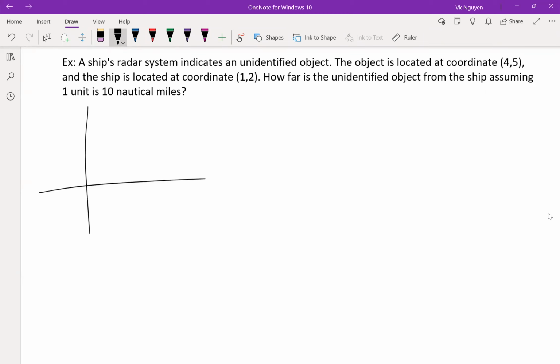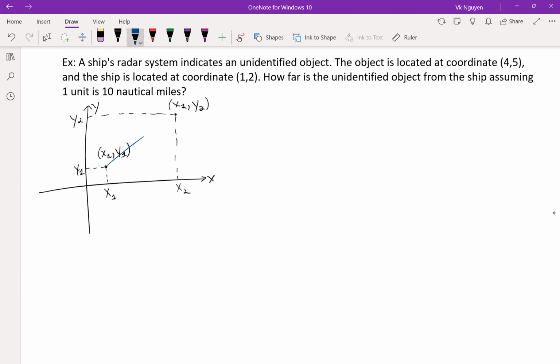And that is the formula to compute the distance between 2 points. Let's say that the first point is (x1, y1), and the second point is (x2, y2).